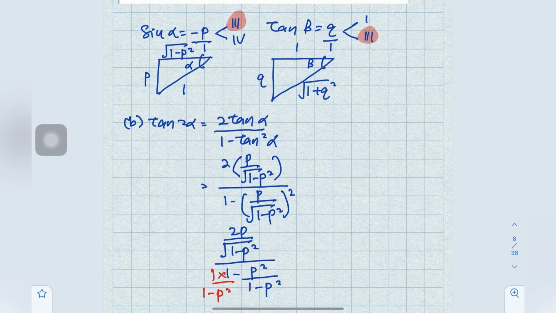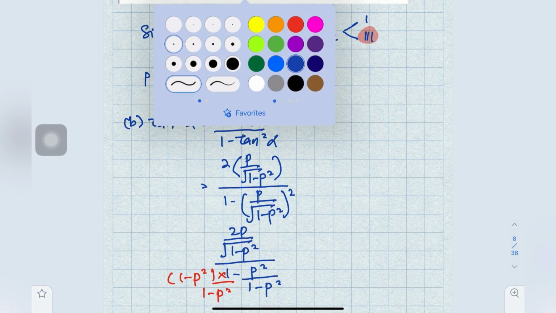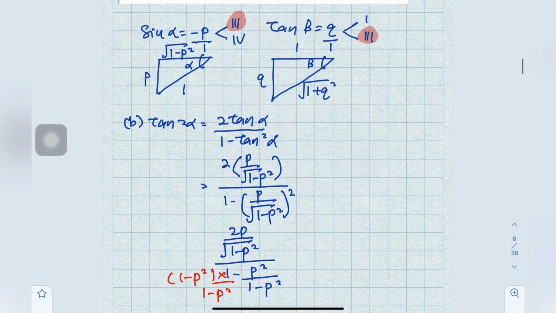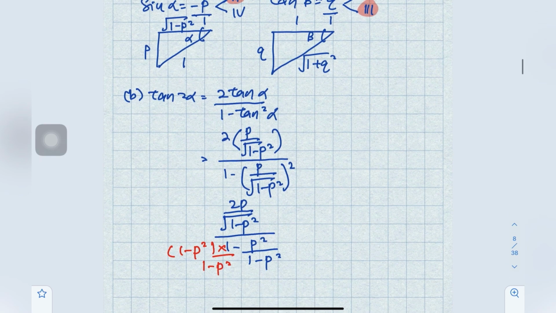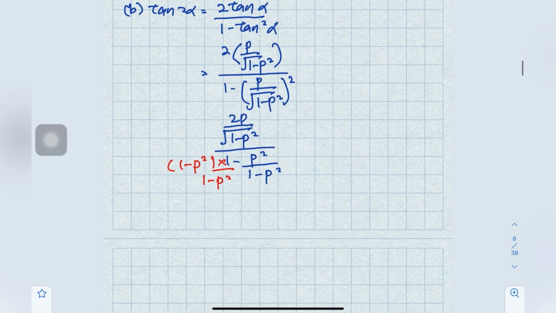So multiply with 1 minus P squared. Okay, then the rest we simplify again. We will get here 2P over square root, this is power of half, 1 minus P squared power of half.